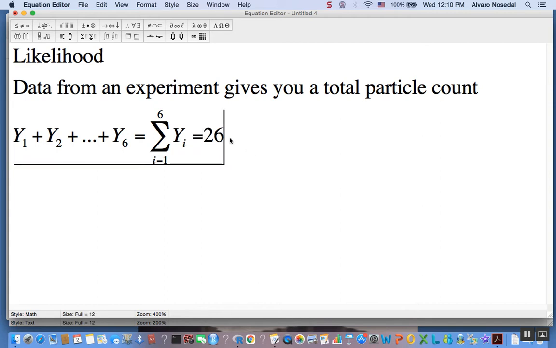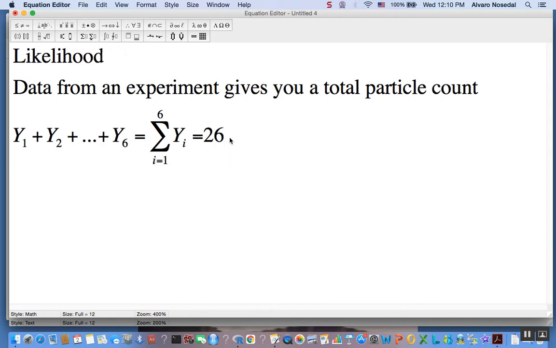So bottom line, you carried out six experiments, and you count the total number of particles, and that's what you have. The total number of particles, 26. So how do you use that information? How do you incorporate it?